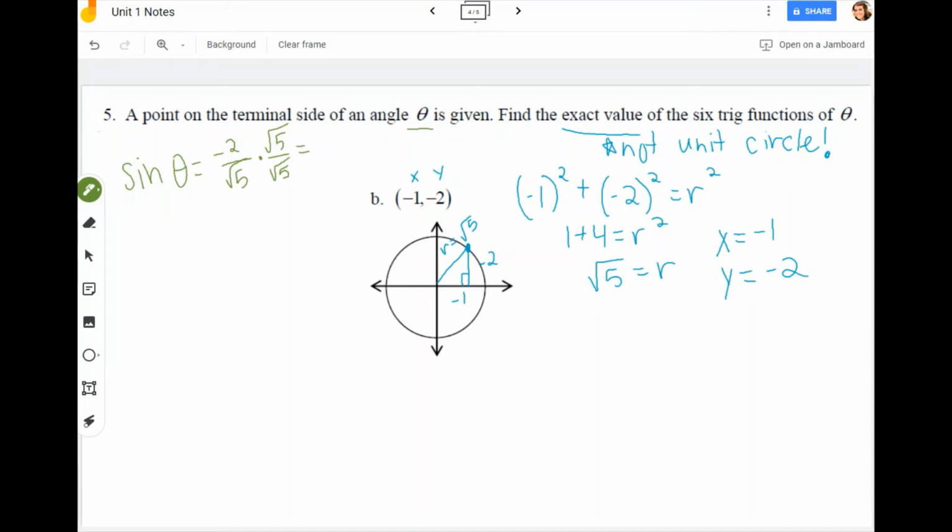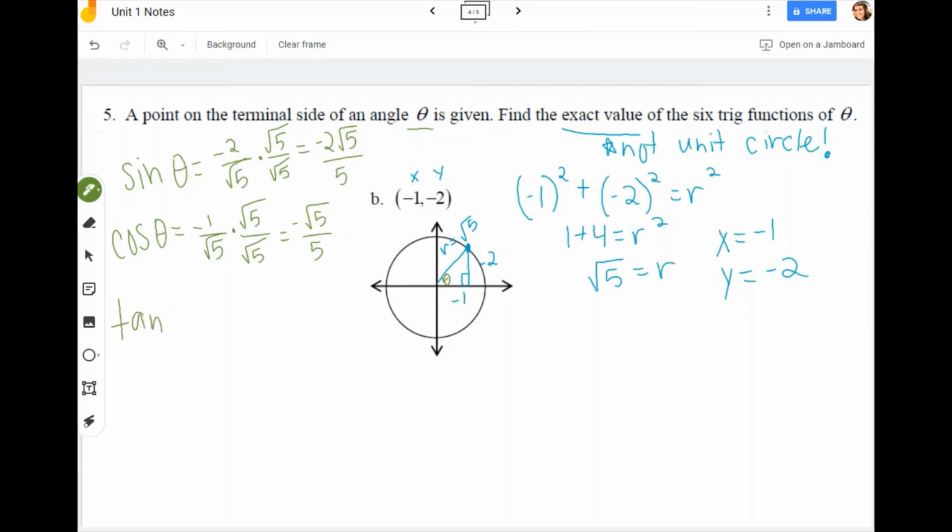And we end up finding -2 square root of 5 over 5 as our sine of theta. Our cosine of theta is adjacent over our hypotenuse, so if theta is right here, my adjacent is -1 over the square root of 5. And again, we need to get that radical out of the denominator. So we end up with -square root of 5 over 5.